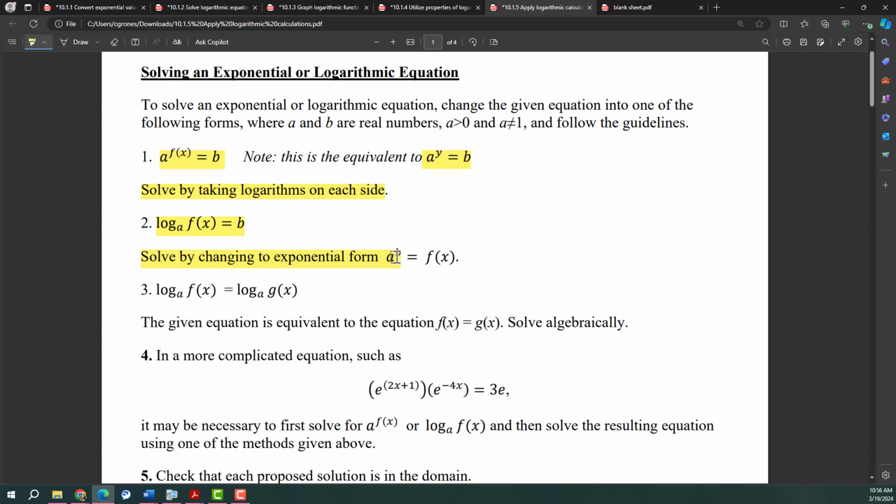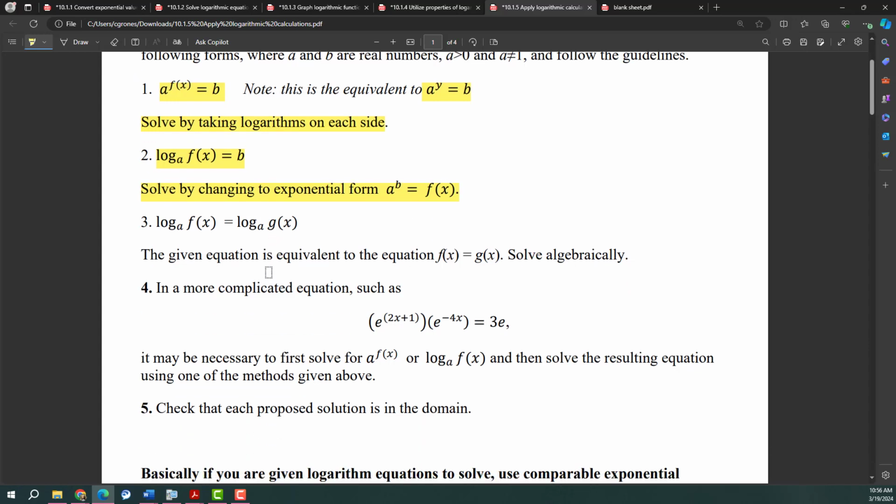a to the power of b equals f of x. And then the third one, log base a of f of x equals log base a of g of x, which is equivalent to f of x equals g of x.